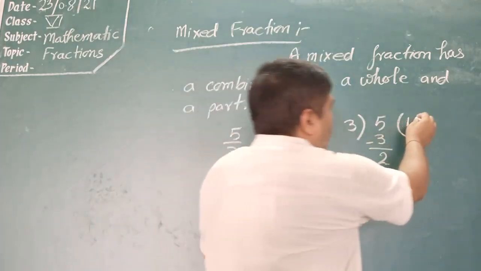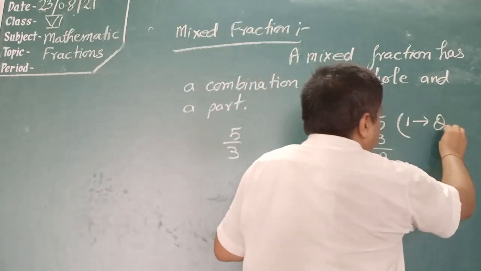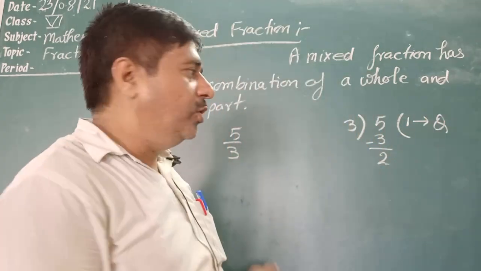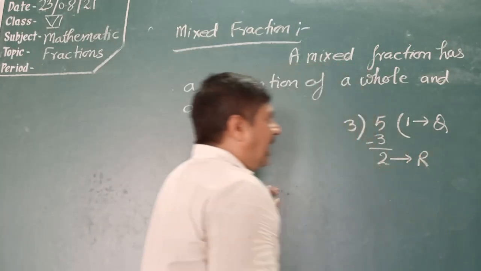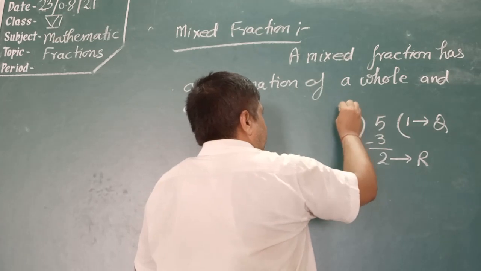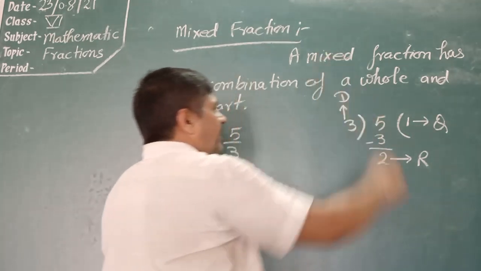This is called the quotient, represented by Q, this is the remainder, represented by R, and this is the divisor, represented by capital D.